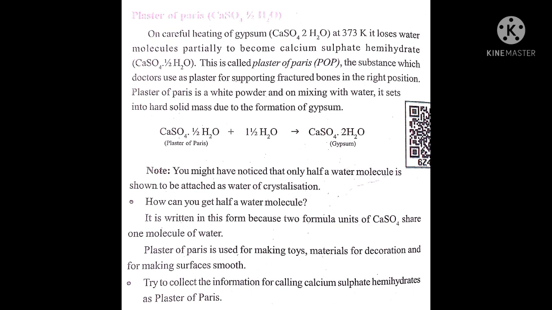Uses of POP: POP is used for making toys, materials for decoration and for making surfaces smooth. Orthopedic doctors also use it. Dear students, one more important formula is gypsum, that is CaSO4.2H2O. On careful heating of gypsum at 373 Kelvin, it loses water molecules partially to become POP.